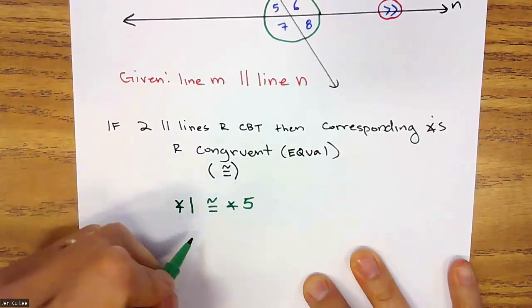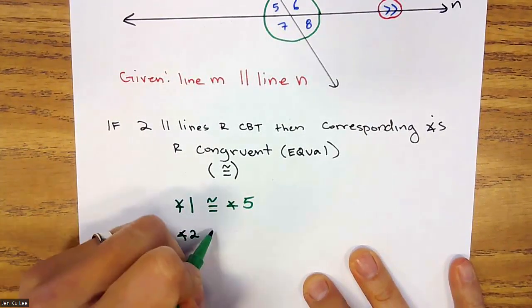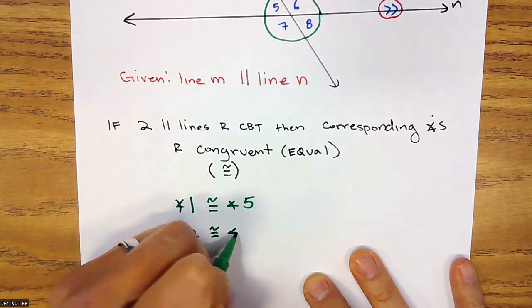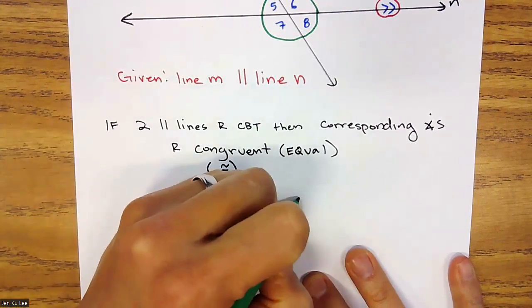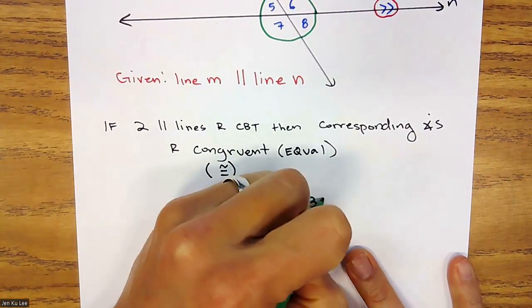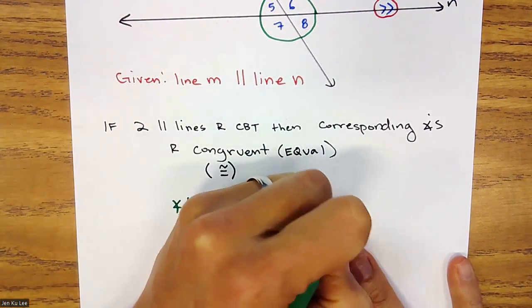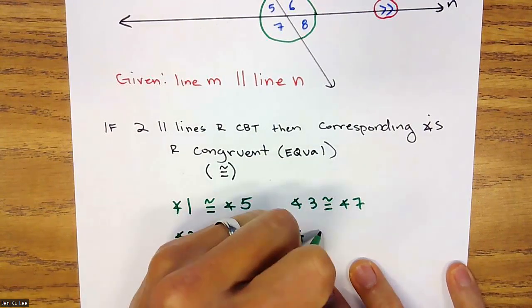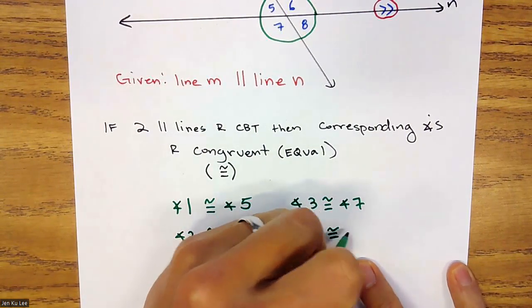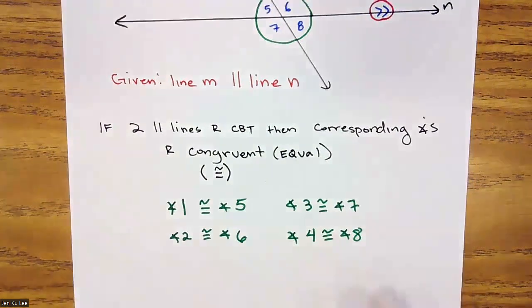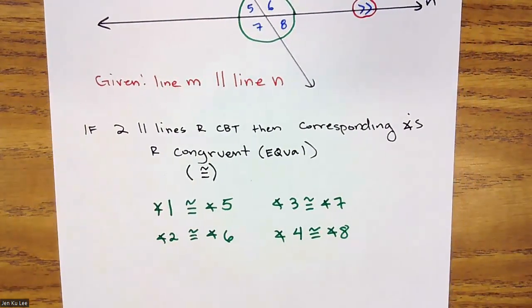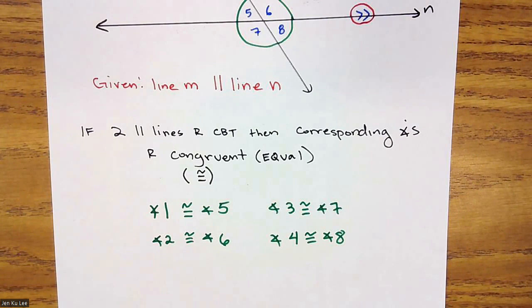So angle 2 is congruent to angle 6. Angle 3 is congruent to angle 7. And angle 4 is congruent to angle 8. All right? Questions on corresponding angles?